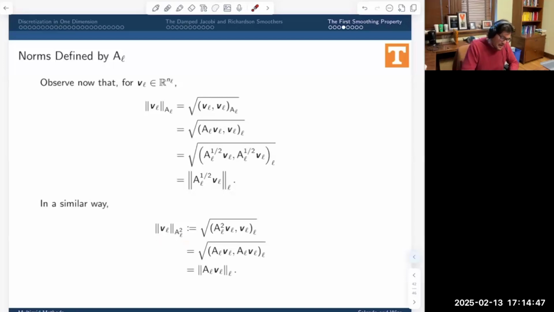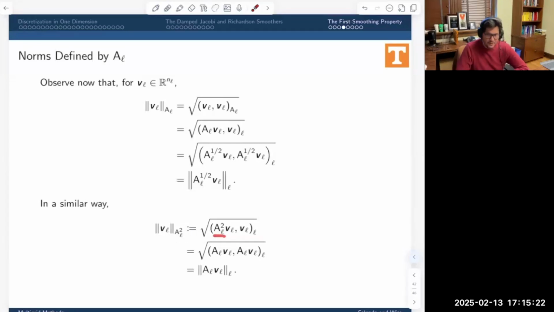Now, this is like a Sobolev H1 norm, and this is like a Sobolev H2 norm, as I reminded you guys about when we were in chapter 6. And this is going to be very important to us in the context of smoothing, as I'll show you in a moment. But how do I reinterpret this as a different norm? Well, let's use the definition. So if I use the A_L norm as the energy norm, that means it's a Euclidean norm, but with an A_L squared written in the first piece.